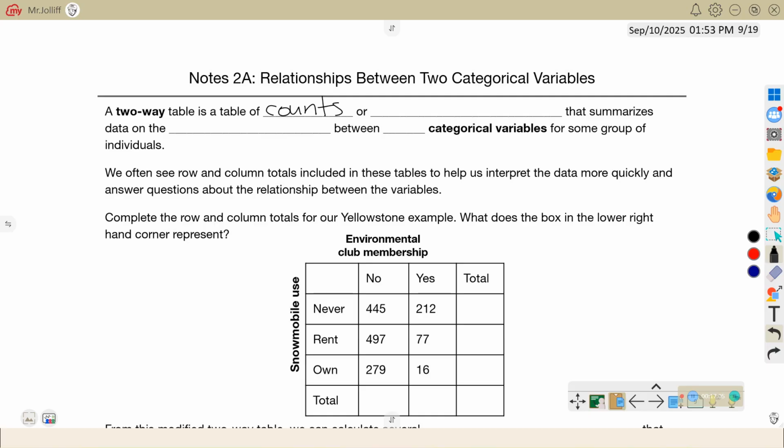On rare occasion, you will see a crazy statistician who will fill them with relative frequencies. What is a relative frequency? A percentage or a proportion. Very good. These tables are used to summarize the relationship between two categorical variables.